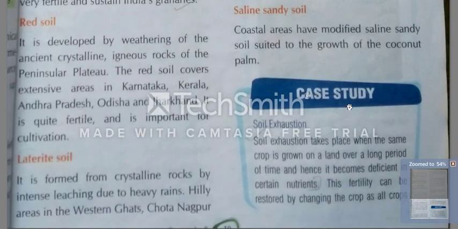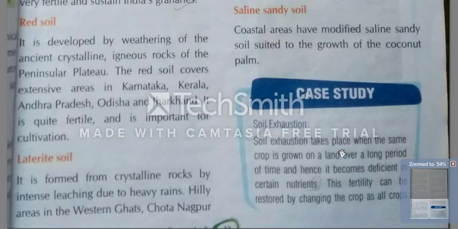See the case study. In the case study, we will see soil exhaustion. Exhaustion means thakaan. Erosion, we can say soil erosion.